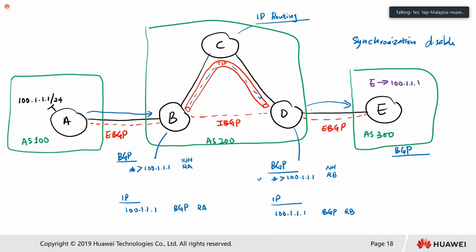So in this case, without synchronization enabled, this route will be sent. When this route is being sent, how are we going to allow router C to forward as well?